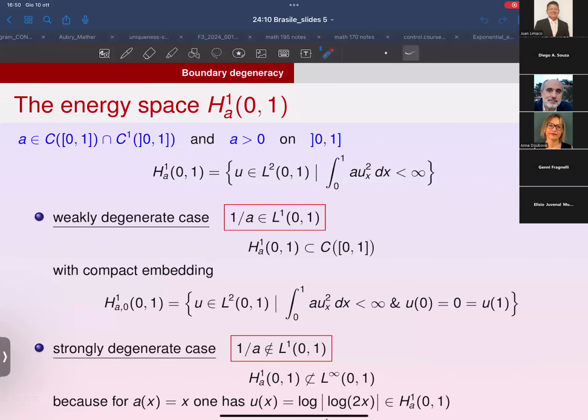The only difference is that functions in these spaces behave a little differently from what we are used to. For example, in the strongly degenerate case, functions of bounded energy are not necessarily essentially bounded.